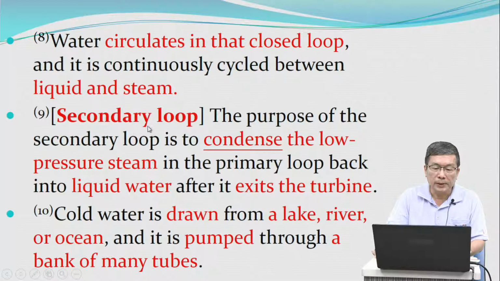Secondary loop. The purpose of this secondary loop is to condense the low pressure steam in the primary loop back into liquid water after it exits the turbine. Cold water is drawn from a lake, river, or ocean, and it is pumped through a bank of many tubes.